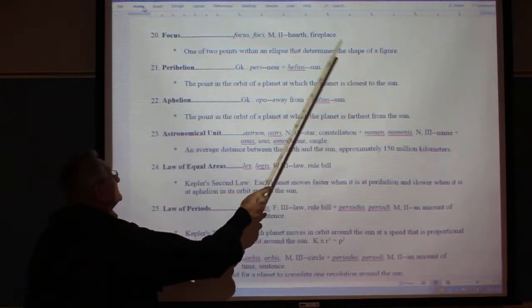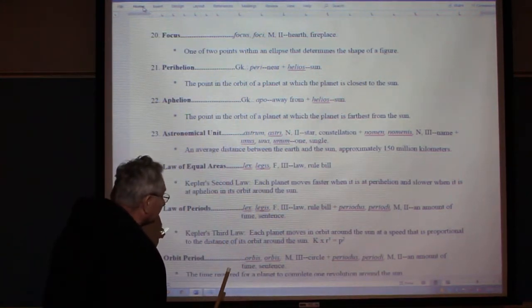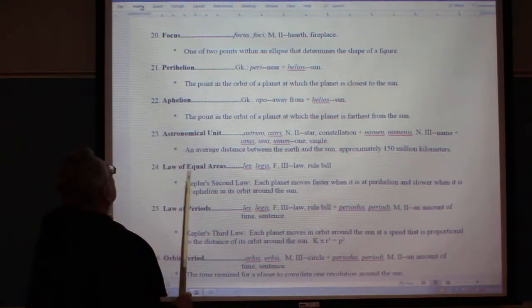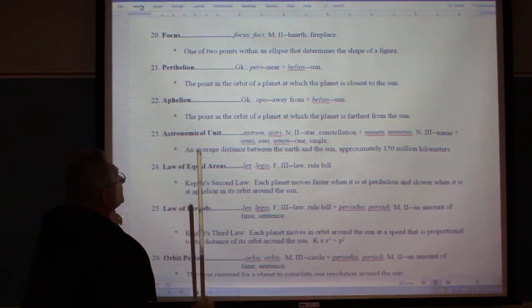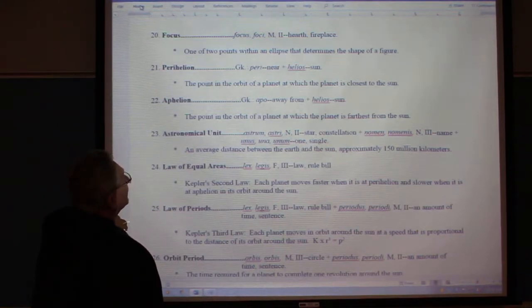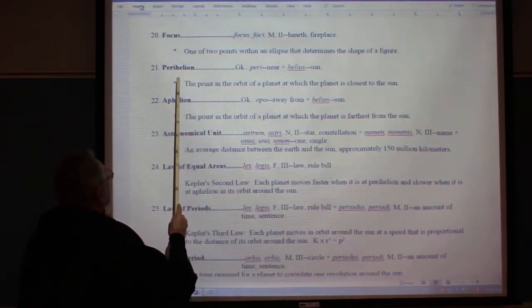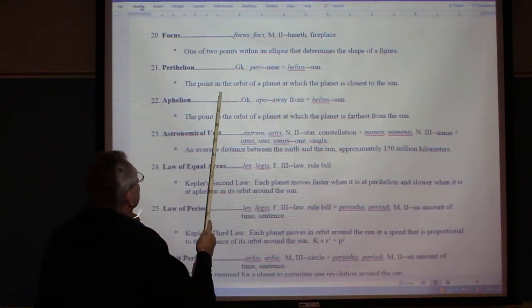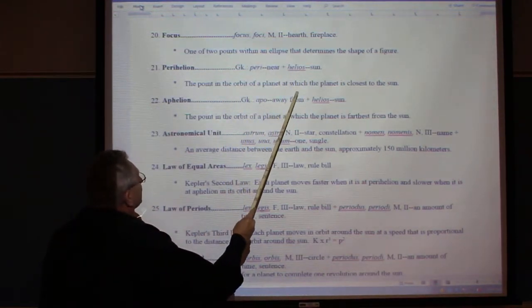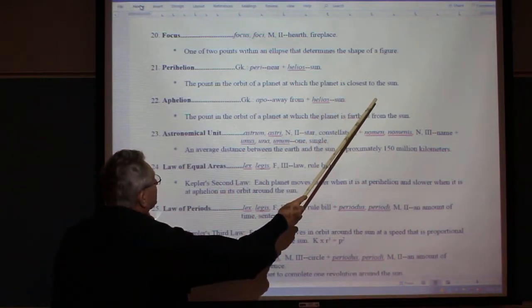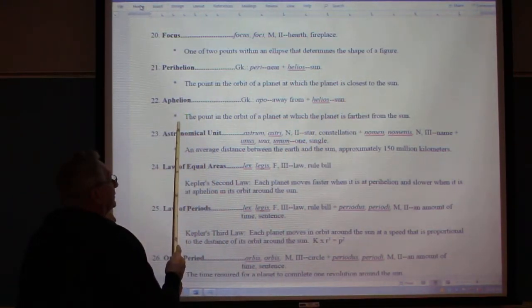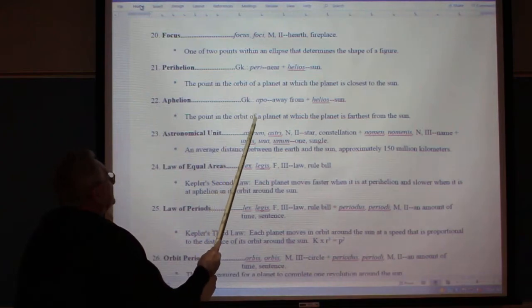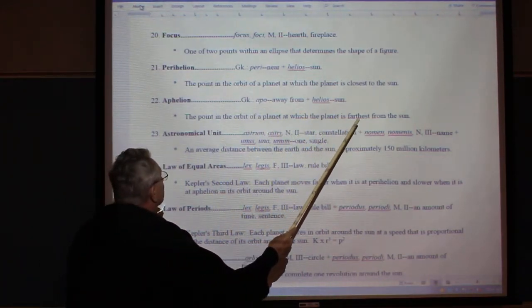How perfect is the circle? How imperfect is the circle? Now, we've had these words last chapter. You're going to get them again and again. Perihelion, peri, near, helios, sun, the point in the orbit of a planet at which the planet is closest to the sun. Aphelion, the point in the orbit of the planet at which the planet is furthest from the sun.